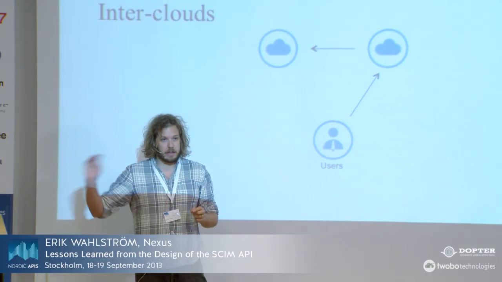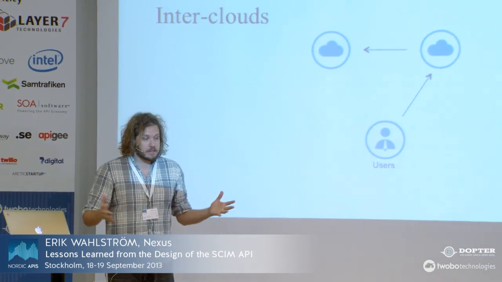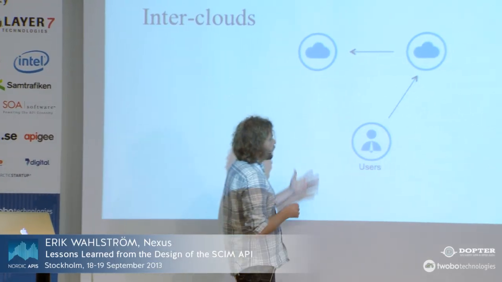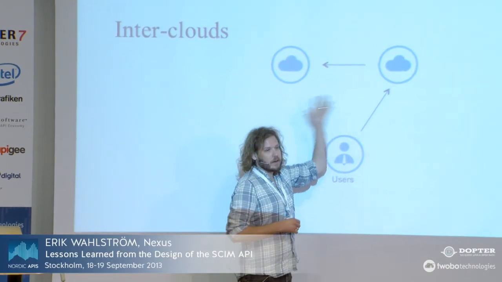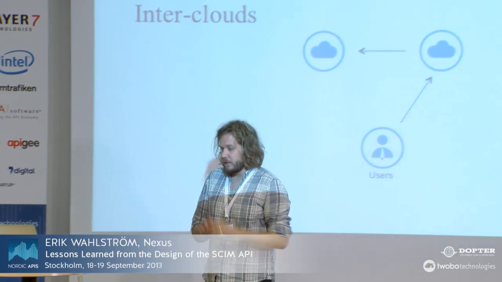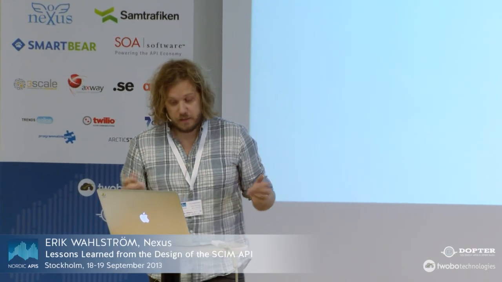Then we could easily move this type of information between the different systems, and that opens up a whole new exciting world, because maybe your corporation wants to change provider every day. I don't know. You want to change to other systems, and with the help of SCIM, you can move this information around easily.